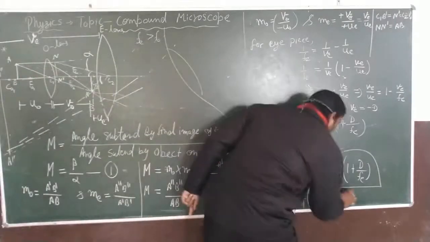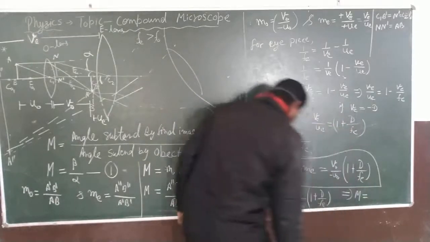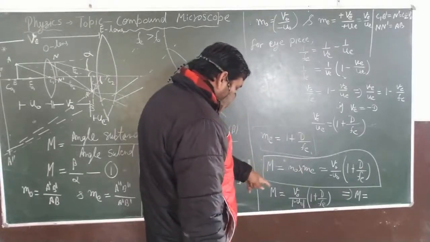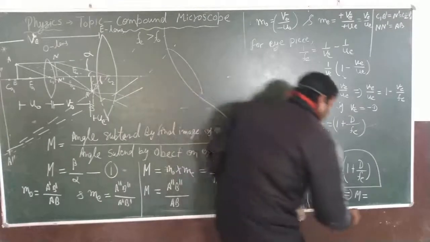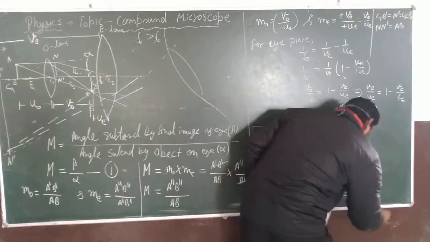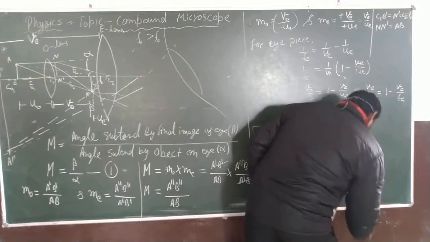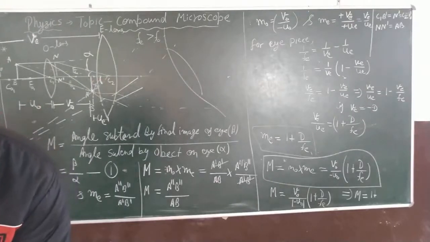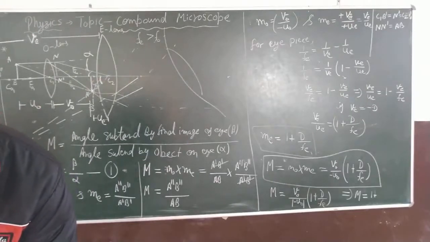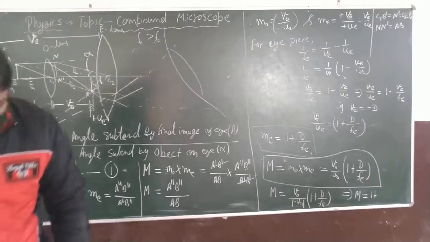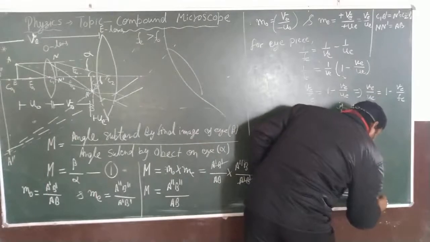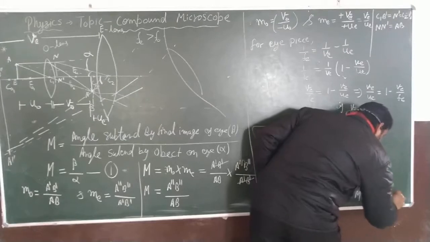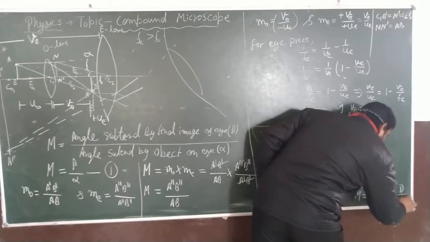That you get M is equal to 1 minus V naught upon F naught, and 1 plus D upon Fe.